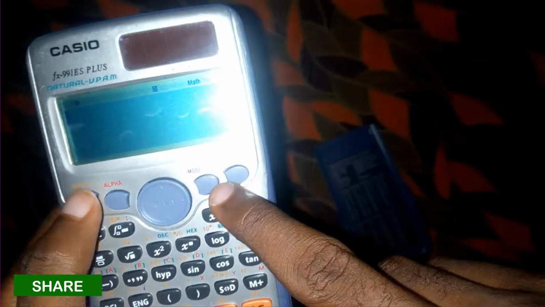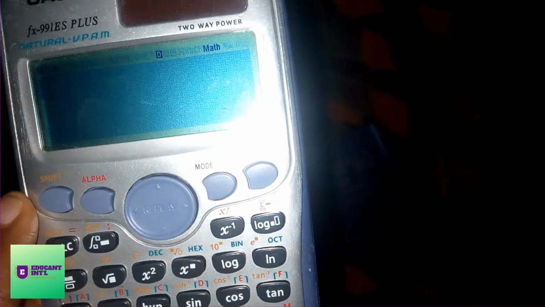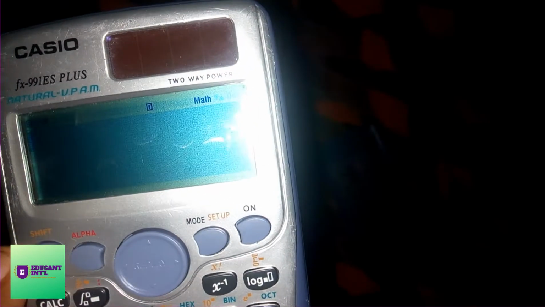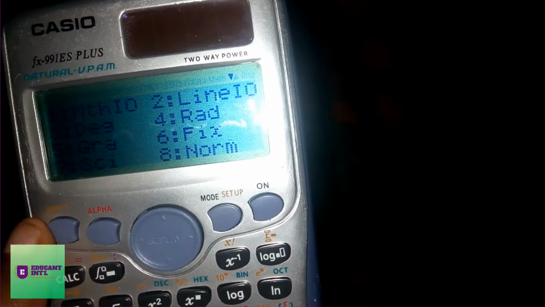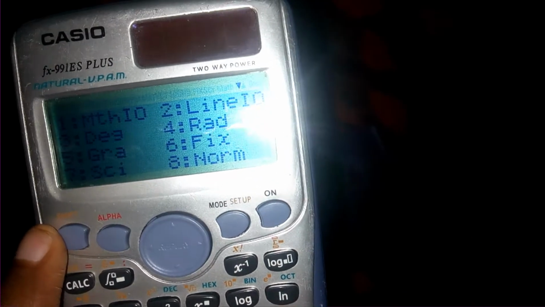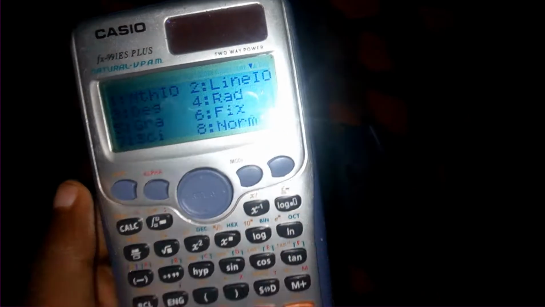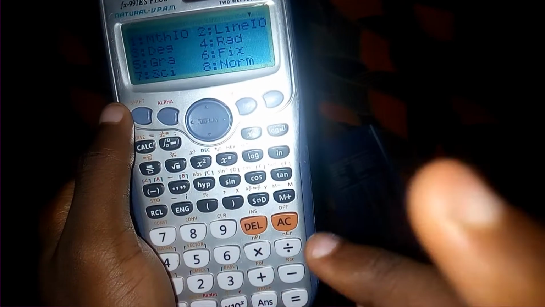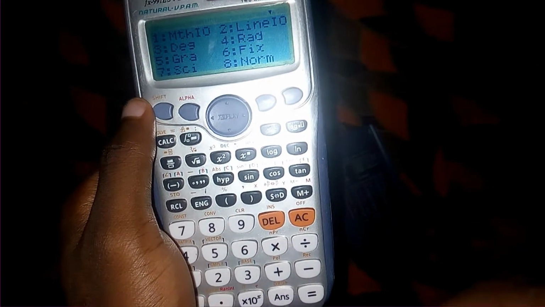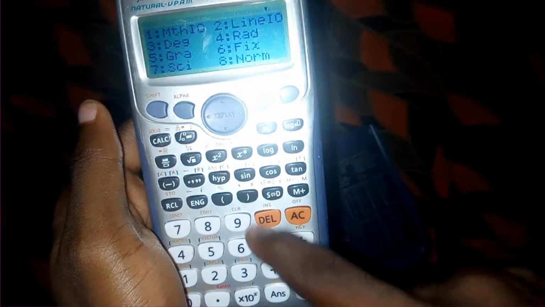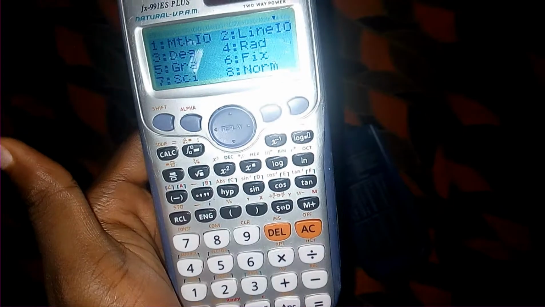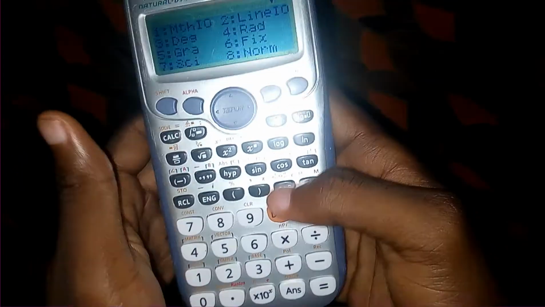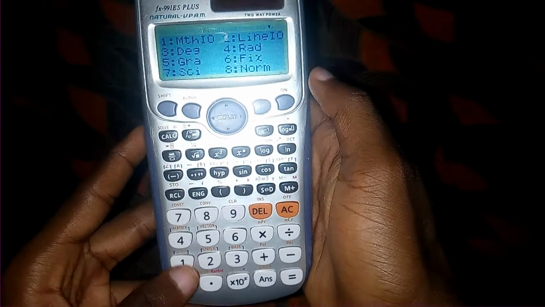But if you press shift, because of the orange writing that's there, it will no longer be mode. If I press shift and press it, it will become setup. Like the mode, you access each of these setups using the numbers assigned to it. So we'll look at the function of each setup right now.